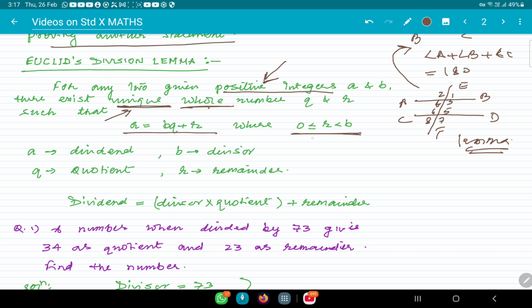Greater than or equal to is just like an inequality. Here small a is the dividend, b is the divisor, q is the quotient, and r is the remainder.